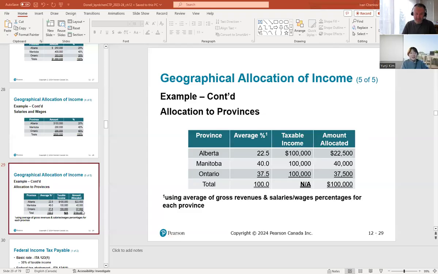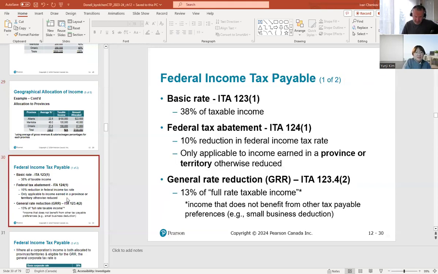It seems super scary, but when you pay a little bit more attention, it's not. So for the federal, here we're going with the basic rate, which is 38%. Federal tax abatement, 10% reduction of federal income tax rate. This is only applicable to income which is earned in the province or territory.